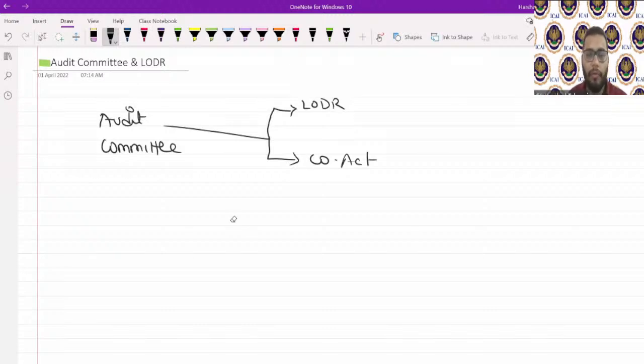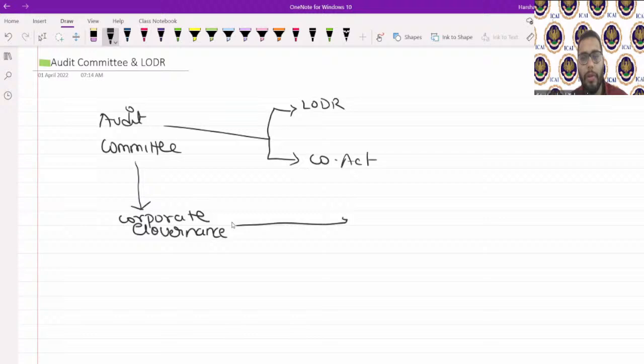Why audit committee? Because it is linked with corporate governance. For corporate governance also, there are specific regulations of LODR that we will see.